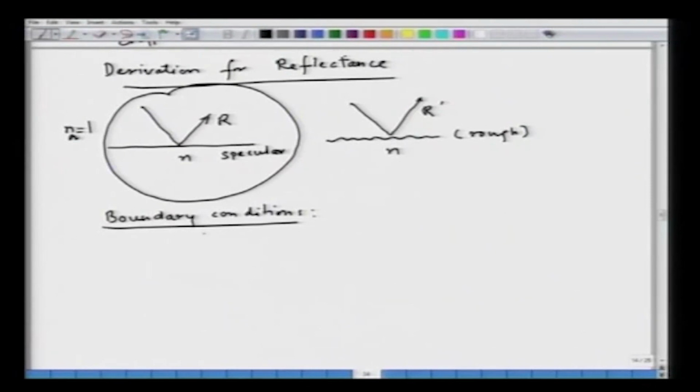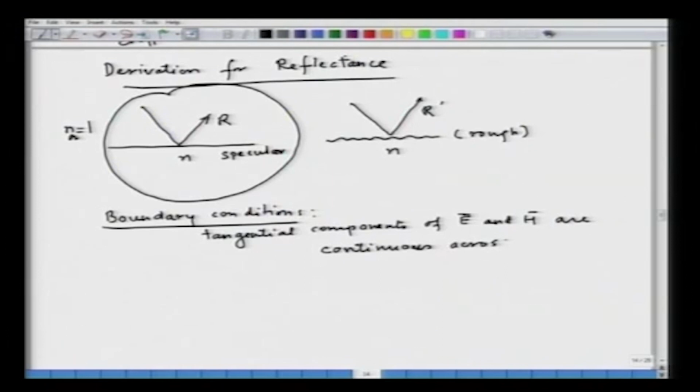The first condition is going to be that the tangential components of the electric field and the magnetic field are going to be continuous. This is not very surprising. Why should these be continuous?